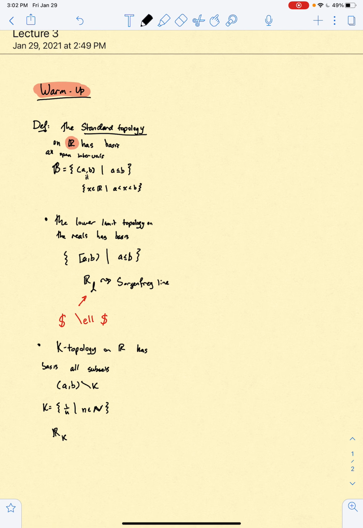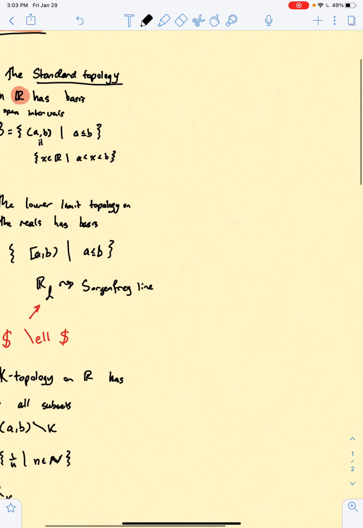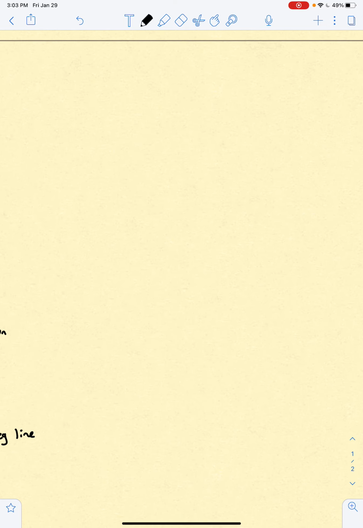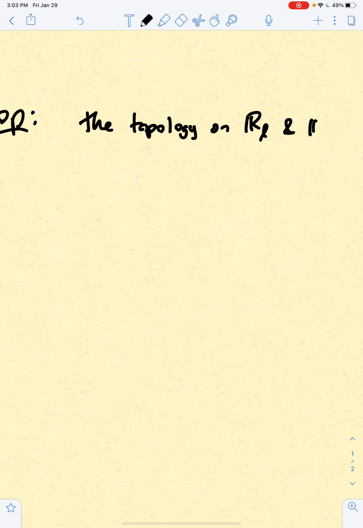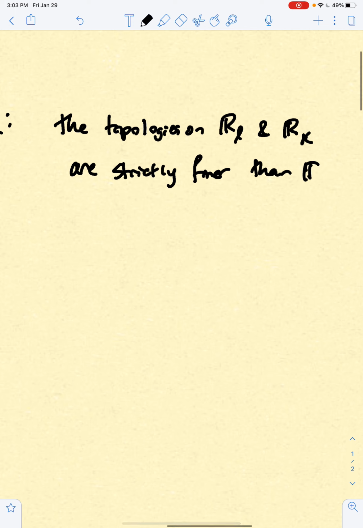All right, so why am I doing this? Well, it's kind of a fun little thing to see this proposition: the lower limit topology and the K topology are strictly finer than the standard topology.